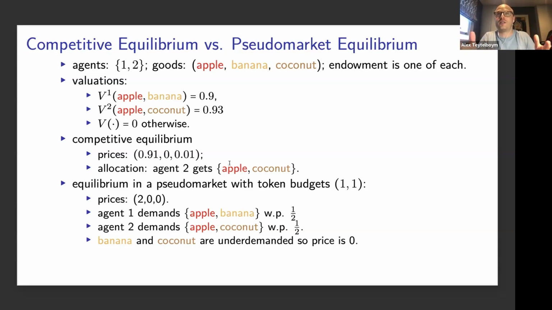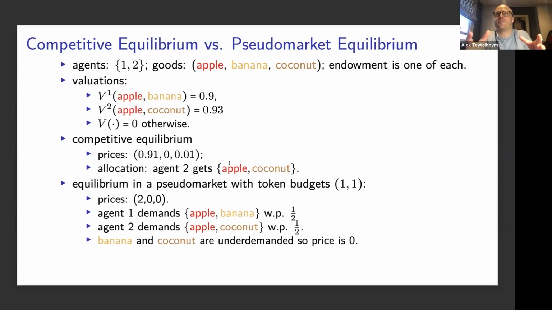The only thing I can afford is a 50% probability of that bundle. So the best possible thing I can do, given these prices, is that I get a 50-50 lottery between getting the bundle, apple and banana, and nothing.